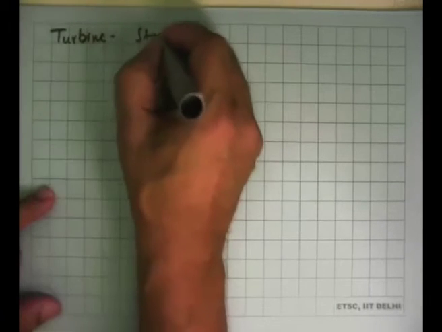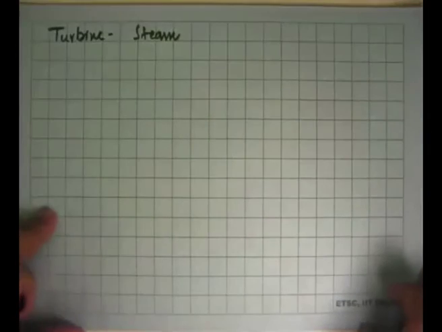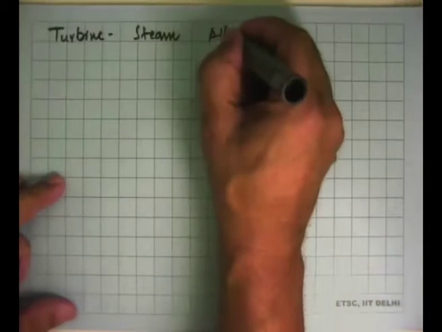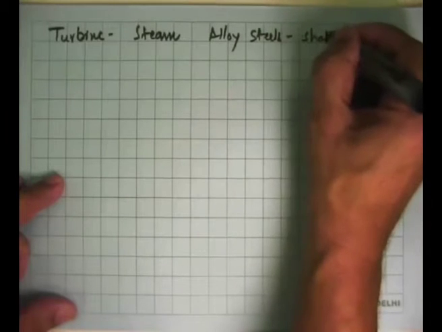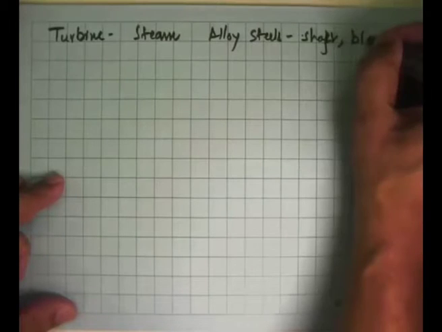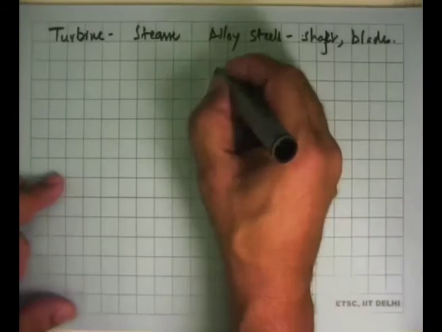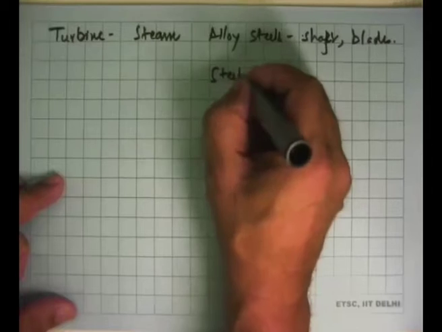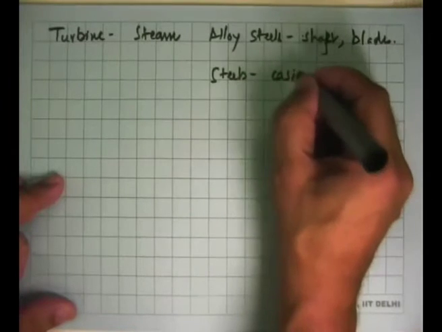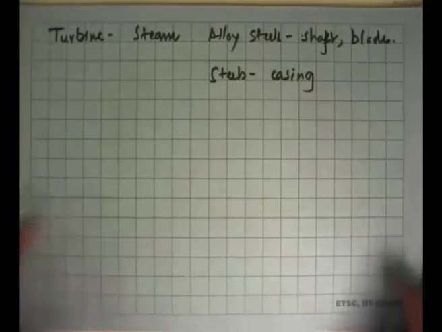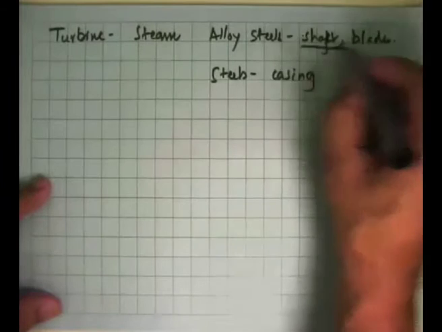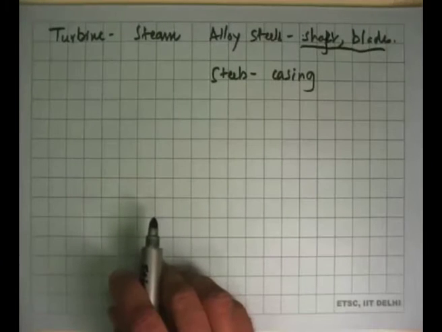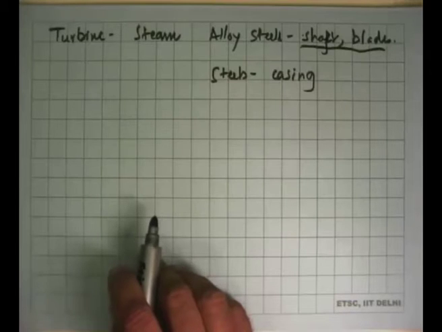First you have the steam turbine. And these are alloy steels for the shaft and the rotating parts, the shaft, blades, and rotating parts, and other types of steels for the casing, the stationary parts. The real high-tech parts are these rotating parts, because they are not just at high temperature, but they are also rotating, they are transmitting torque, and if you have a lot of blades on it, they would also be vibrating.